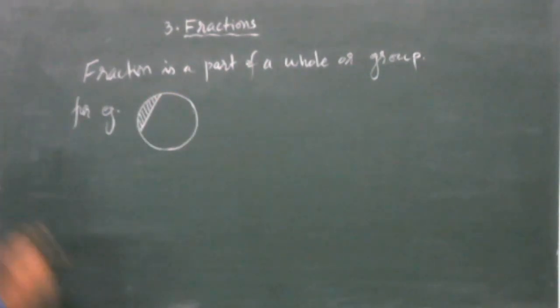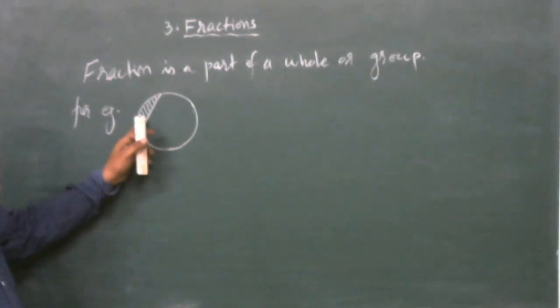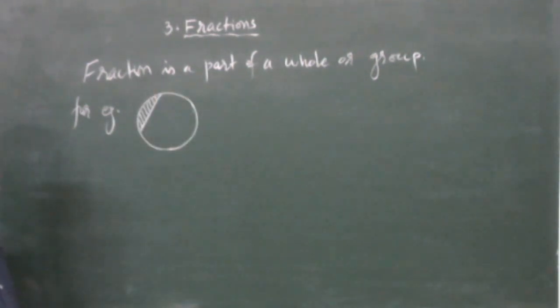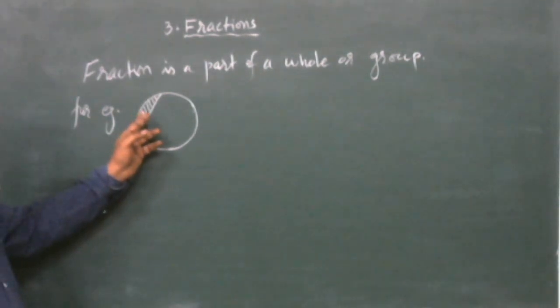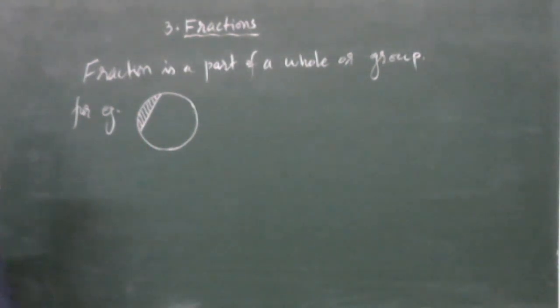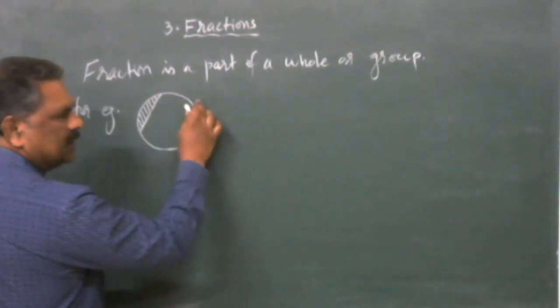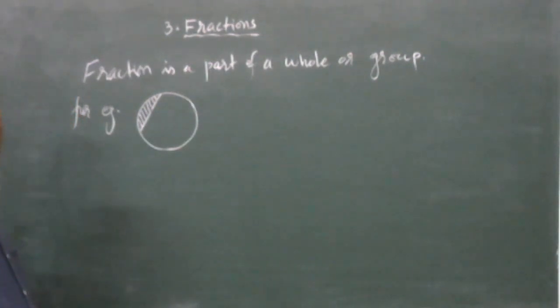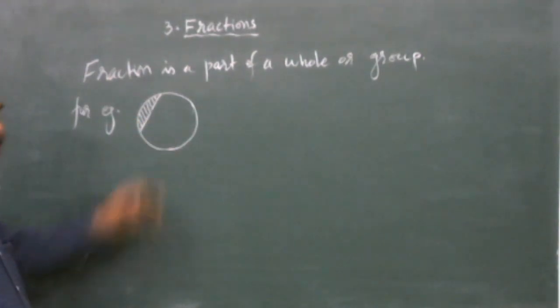I'll cut a small piece. This shaded part is certainly a fraction, but we cannot write this in terms of numbers. It's very difficult to write this shaded part in terms of numbers.